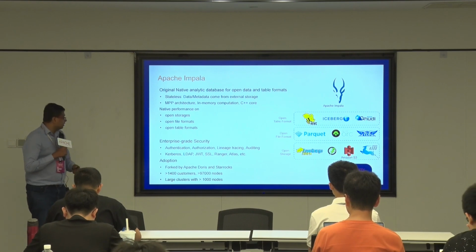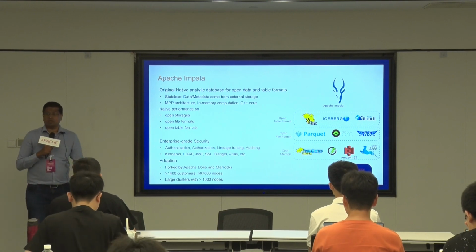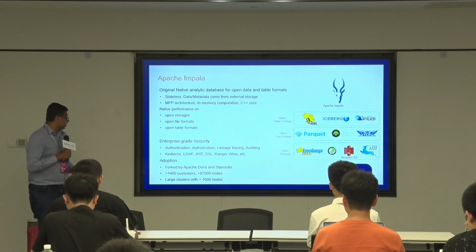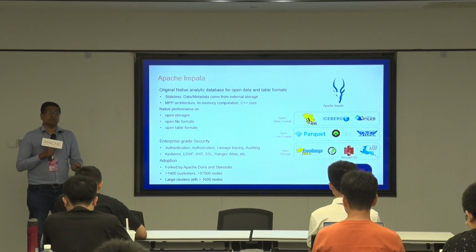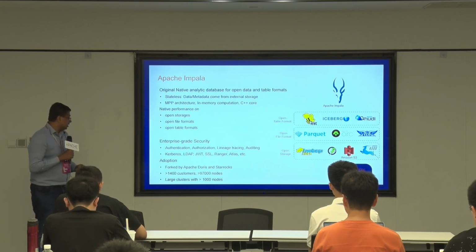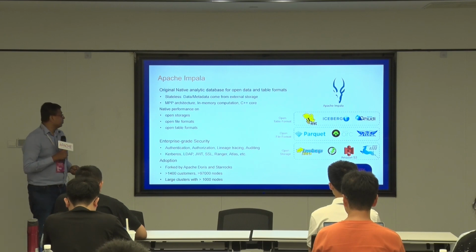It's widely adopted. We are forked by other projects like Apache Doris and StarRocks. We have 1,400 customers, 97,000 nodes running Impala, and large clusters with more than 1,000, 1,200 nodes just running Impala.